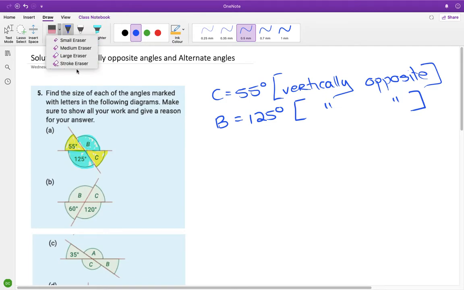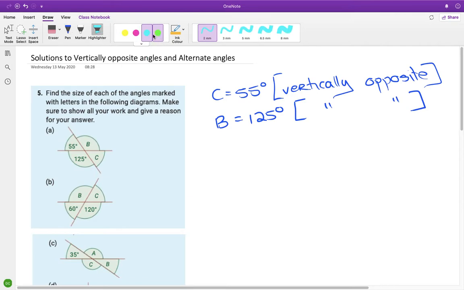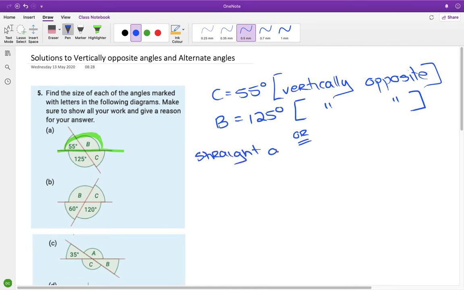Now, just to show you, in case anybody did this, you could also say that this here is a straight line, in which case these two need to add up to 180. So you could say that straight angle equals 180. So 180 minus 55.